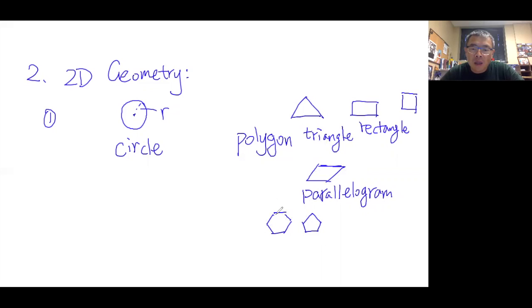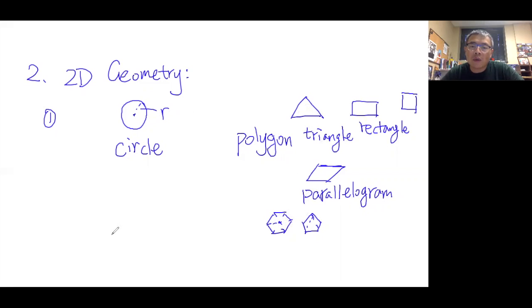Because if you draw lines inside those polygons, essentially you can divide all these polygons into triangles. So if you understand triangles well, you can use the properties of triangles to study those polygons. So mostly we just stay with these three kinds and then the circle.